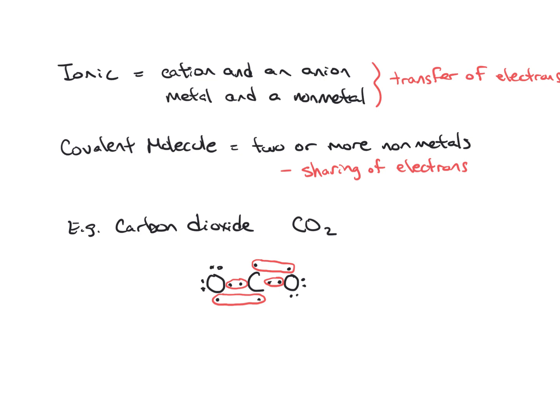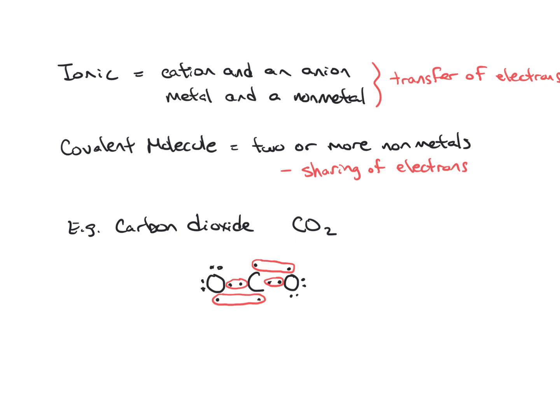Now I'll do the same kind of counting for the carbon. Okay, so the carbon is actually sharing all its electrons. 1, 2, 3, 4, 5, 6, 7, 8. Carbon has access to all 8 of those electrons. So it's also considered to have a full valence shell. It is stable and happy.